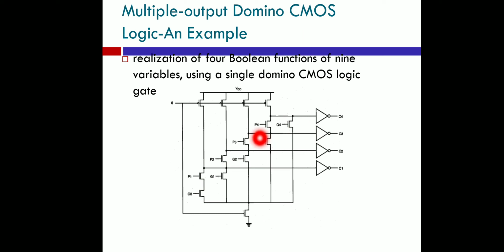G3 plus P3 G2 plus P3 P2 G1 plus P3 P2 P1 C0. So like that we get the expressions for the carry C1 to C4 with the help of only a single circuit. So this is the application of multiple output domino CMOS logic.